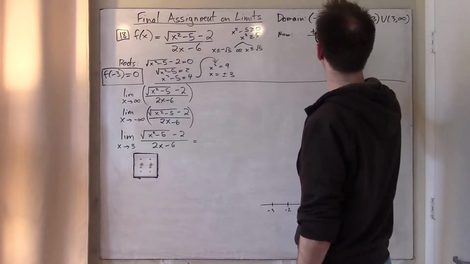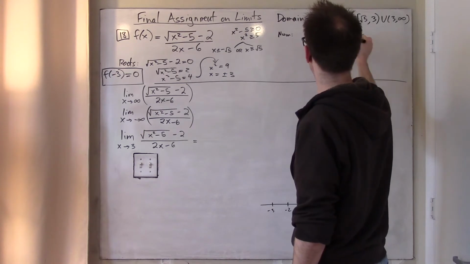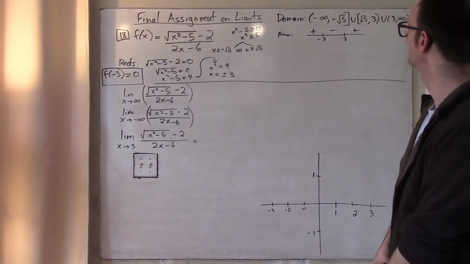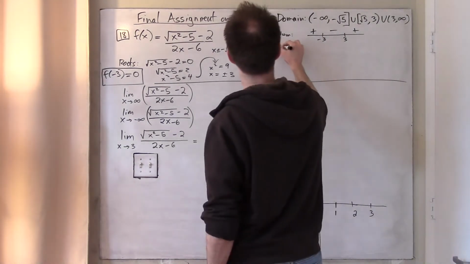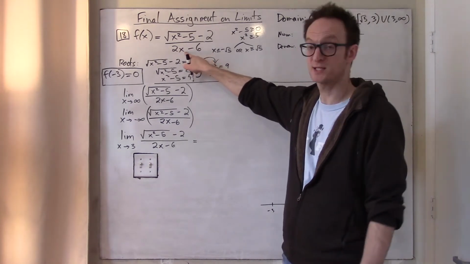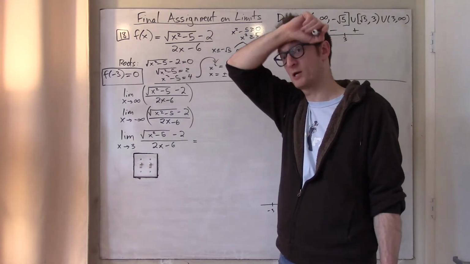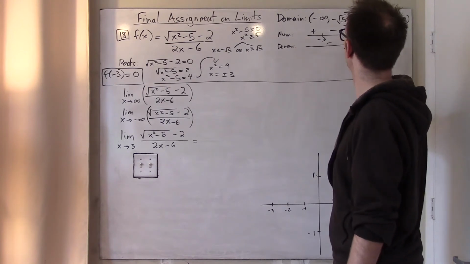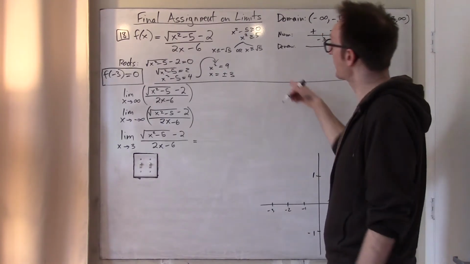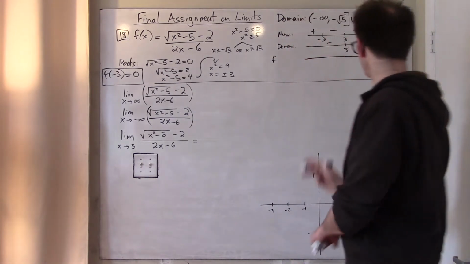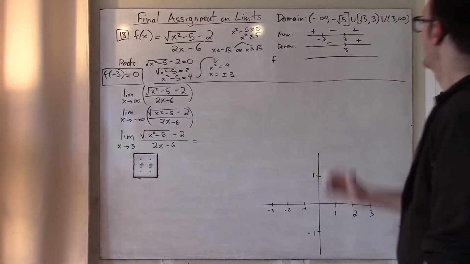But I'm sort of ignoring that for the moment, so let's just keep going. What about the denominator? The denominator, that one's easier. That's going to change sign at 3, and it's going to go from negative to positive because it's just a line. So there's 3, and this is going from negative to positive. Therefore, when I multiply them together, I get the following sign chart.